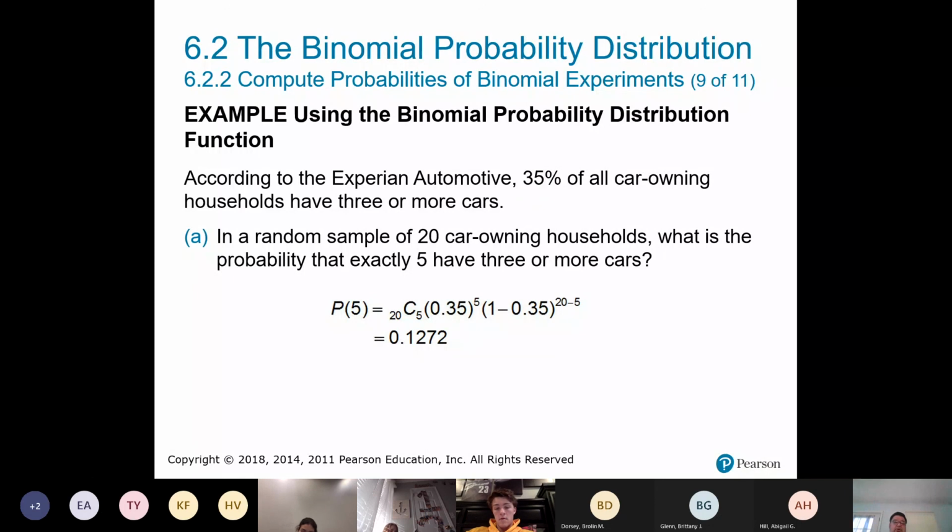I'm going to write it down and you write it down also. 35% of all car owning households have 3 or more cars.